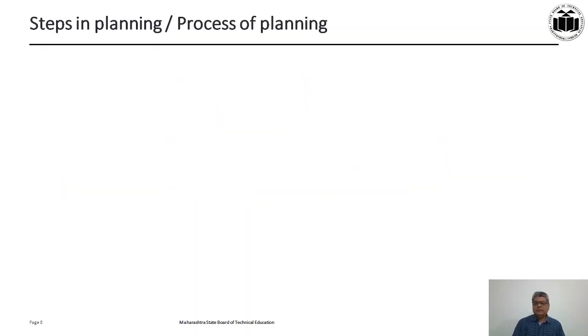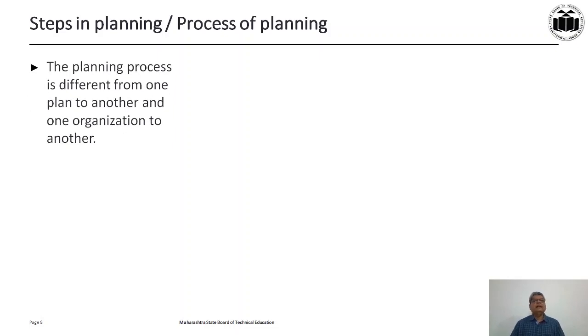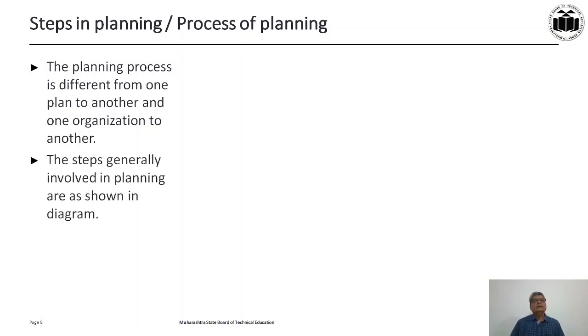Now, steps in planning. The planning process is different from one plan to another and from one organization to another. The steps generally involved in planning are as shown in the diagram. It means that as the activity changes, the process changes. The process changes from one plan to another and maybe from organization to organization.